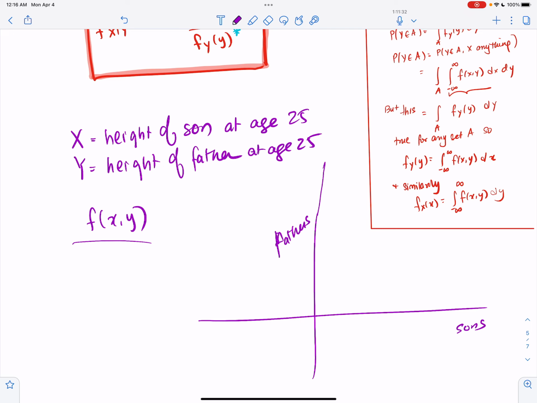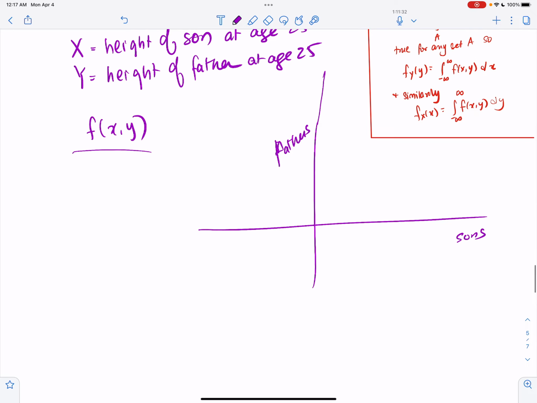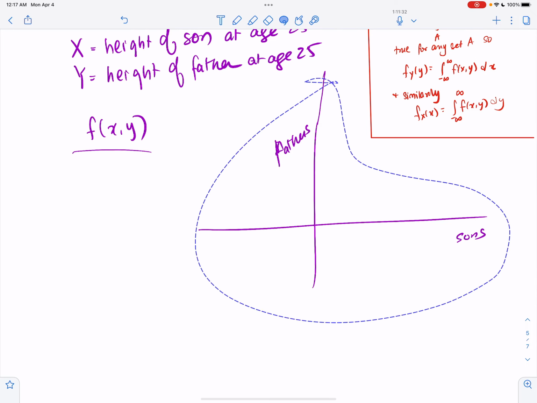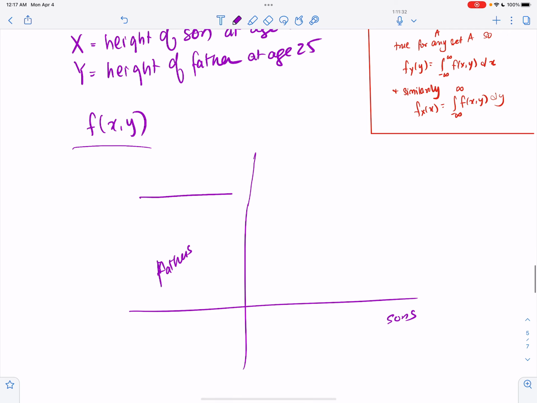Now, what if you're looking at a father who's 6 feet 4 inches. So now what you're doing is you're restricting your view to fathers who are 6 feet 4 inches.